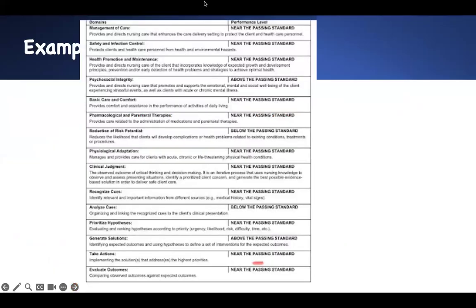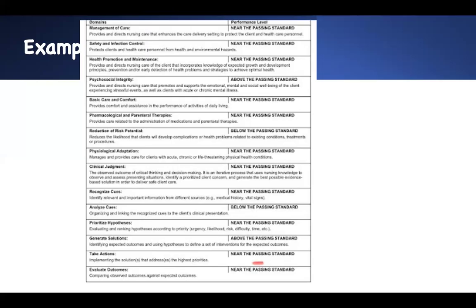This is an example of a report, and we're going to look at what happened to the individual. I hope you can see, but this is management of care, near passing. One, safety and infection control, near passing. Two, health promotion and maintenance. Three, psychosocial, above passing. Basic care and comfort, near passing. Four, pharmacology, near passing.